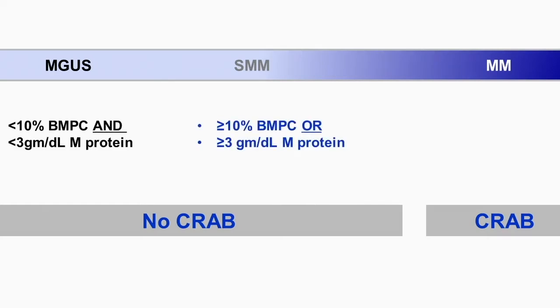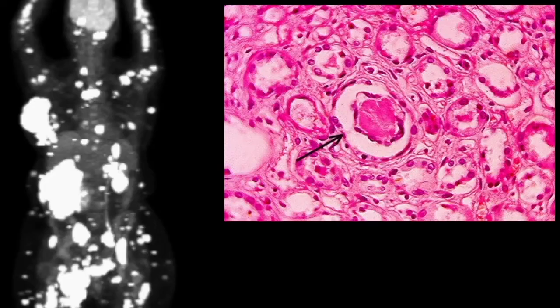And then we split MGUS and smoldering myeloma into two groups based on the percent of plasma cells and the level of the monoclonal protein, so that if you have no CRAB features and the plasma cells in the bone marrow are less than 10% clonal plasma cells, less than 3 grams M spike, that would be MGUS. More than 3 grams or 10% or more plasma cells would be smoldering. So this is how we split them.